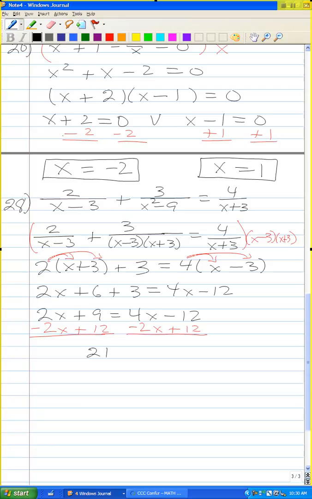And so 21 is equal to 4x minus 2x, which is 2x. Divide both sides of your equation by 2. And so x is equal to 21 over 2. When x is 21 over 2, you're not dividing by 0. You'd only be dividing by 0 if x were 3 or if x were negative 3. And so this is a solution to your equation.